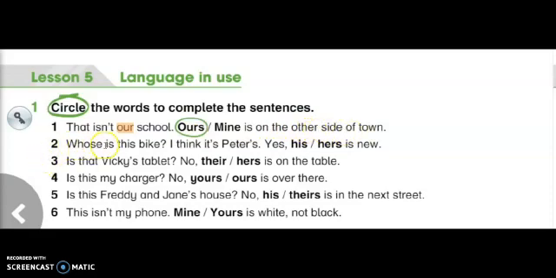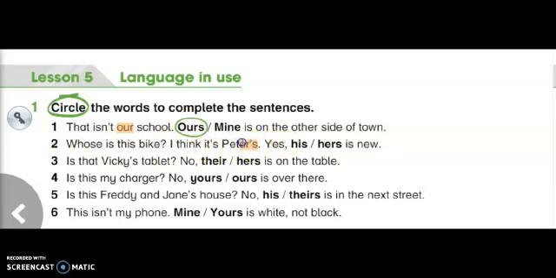Number 2. Whose is the bike? As we said, we use whose to ask about possessive things. Whose is this bike? I think it's Peter's.